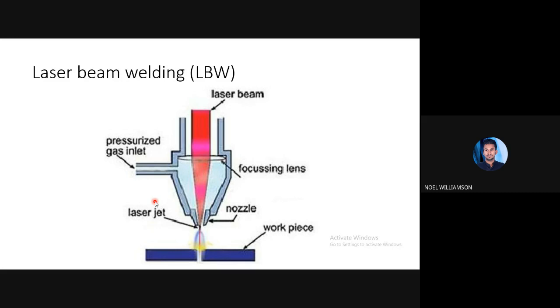So welding in the nano range or micro level, we call it micro machining or nano machining. So here also we have certain advantages, limitations and applications. So we'll directly go to that. The figure and all we are already familiar with.